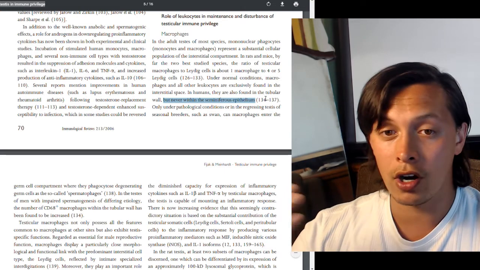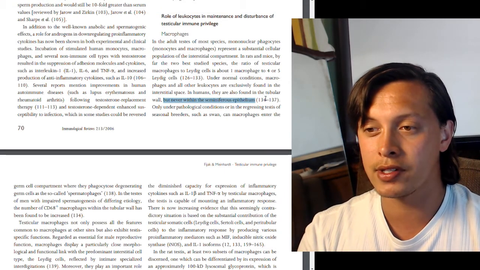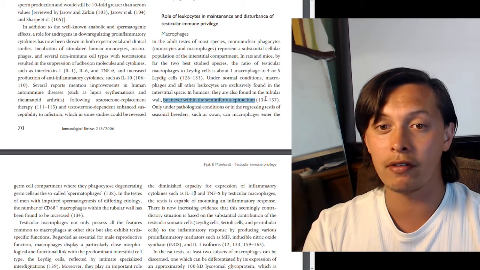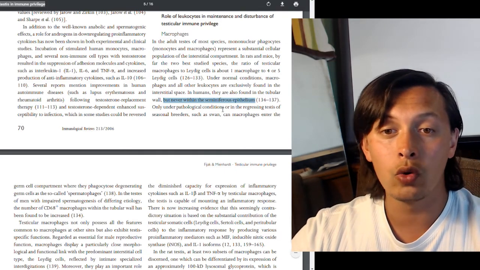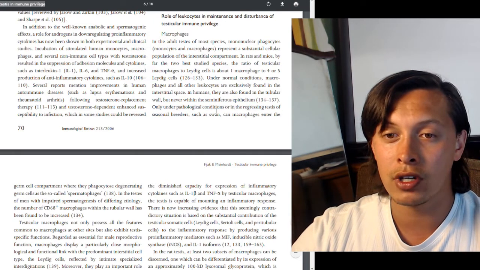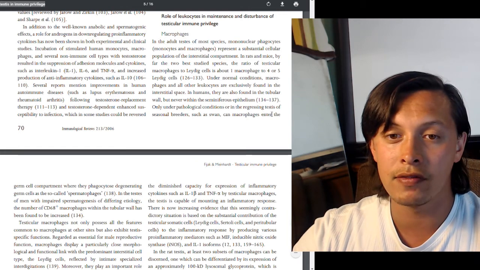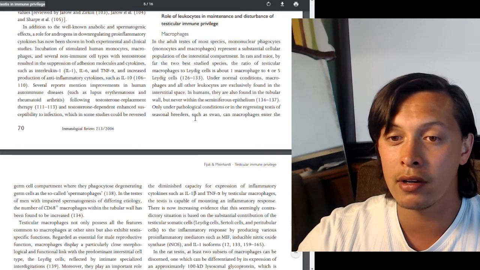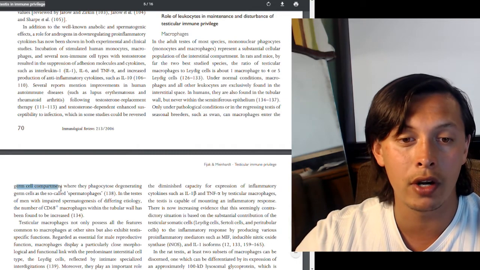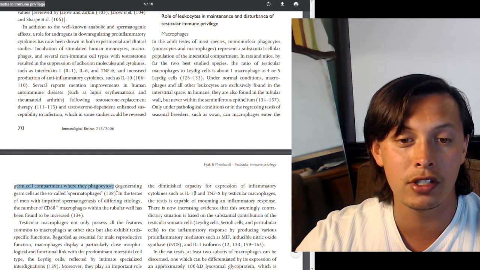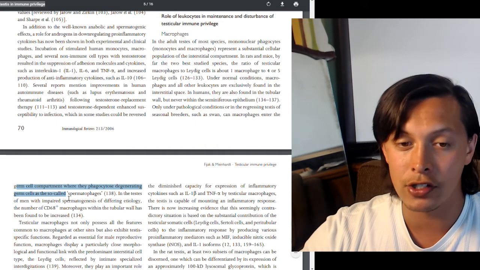So in humans, they are found very, very close to the seminiferous epithelium, but they are never within the seminiferous epithelium. Only under pathological conditions, or in the regressing testis of seasonal breeders, such as swans, can macrophages enter the germ cell compartment, where they phagocytose degenerating germ cells as the so-called spermatophages.